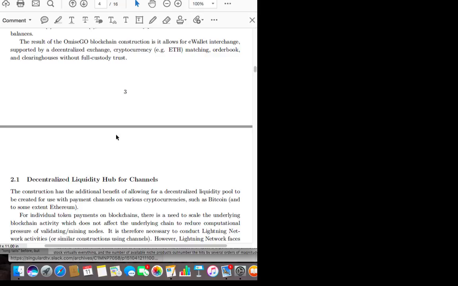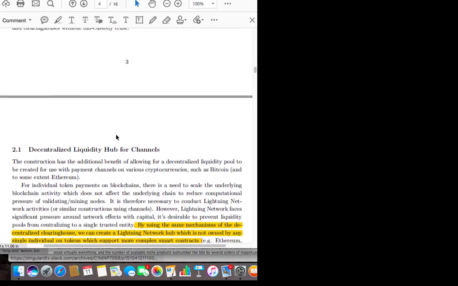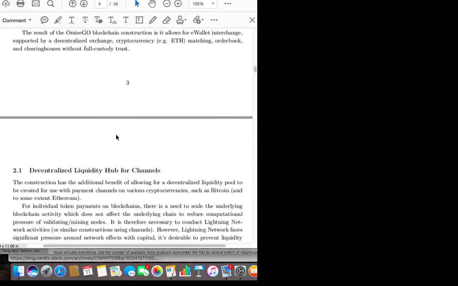When you trade on Coinbase, they basically take custody of your tokens or your coins, so the transfer goes from you to them. In this case, they're saying that the coins will always reside with you, but they will still offer liquidity and a robust platform for you to transact and make trades.